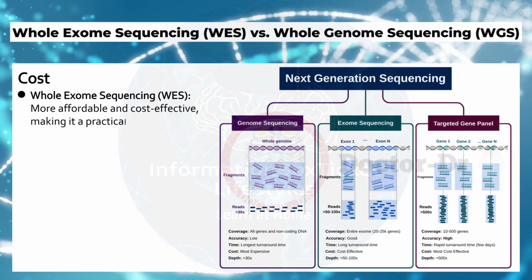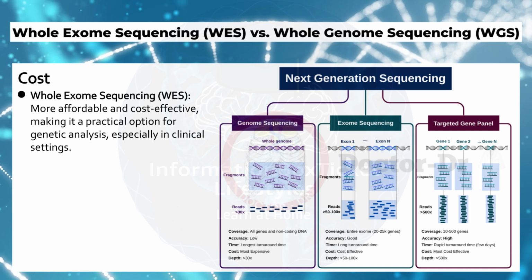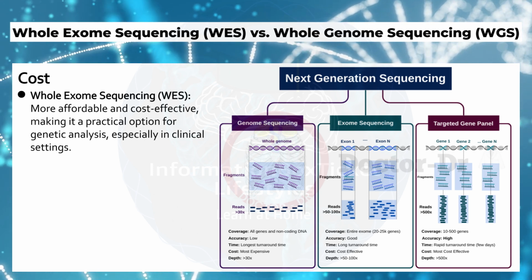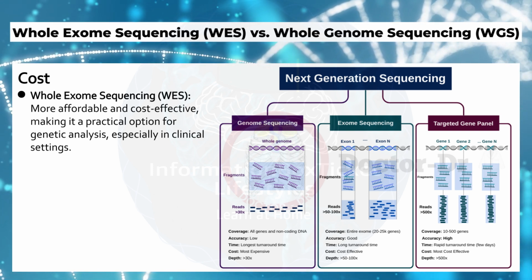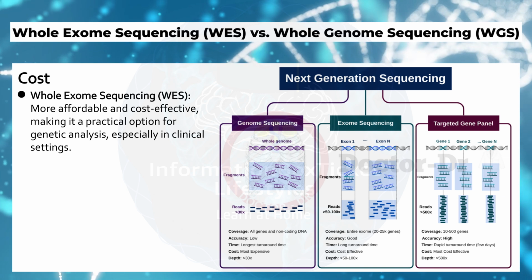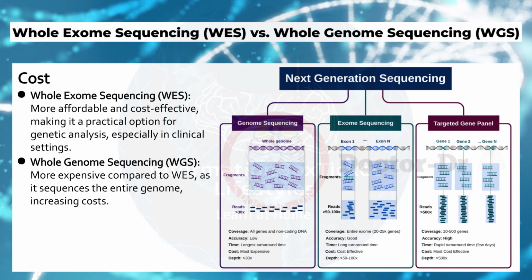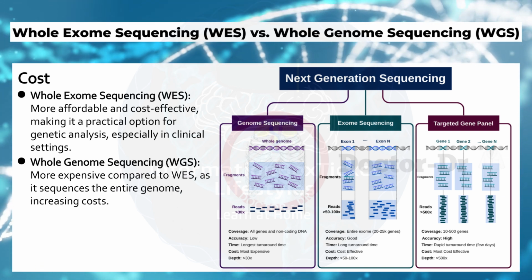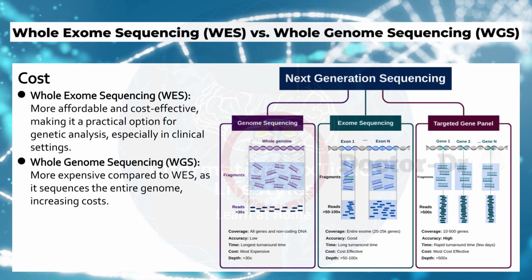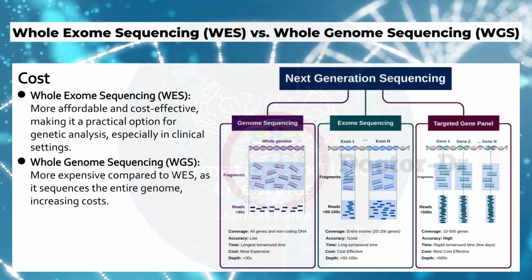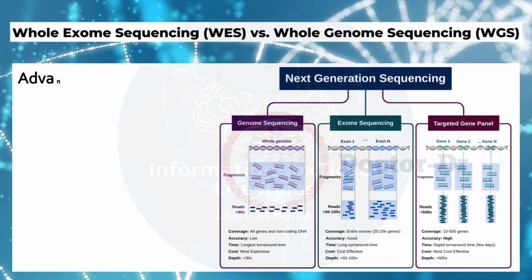Cost. Whole exome sequencing, more affordable and cost-effective, making it a practical option for genetic analysis, especially in clinical settings. Whole genome sequencing, more expensive compared to whole exome sequencing, as it sequences the entire genome, increasing costs.